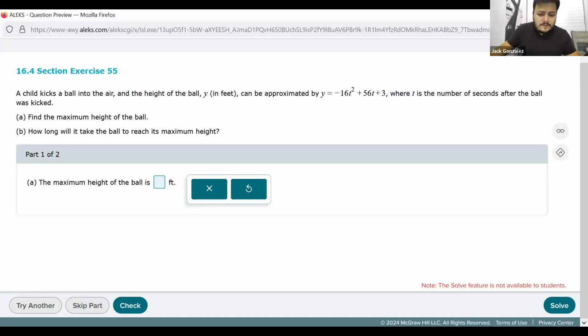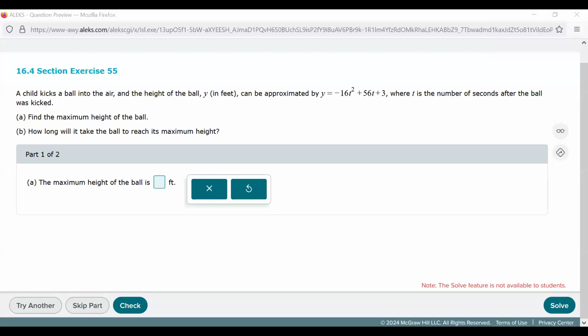This is number 7, right? I thought it was number 6. 6 I'm skipping. Oh, sorry. Double check. The last time we did was 5, right? Yes.